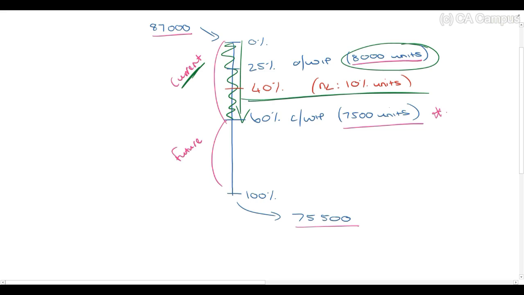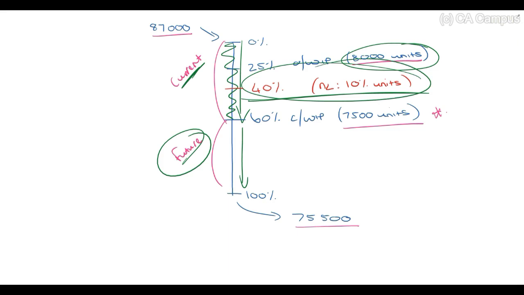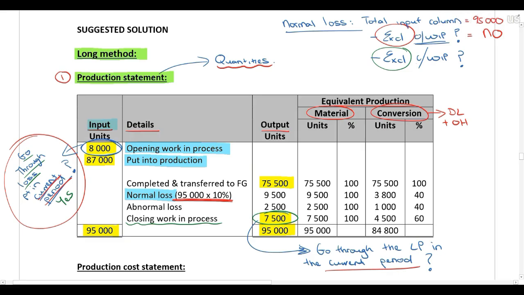So in the future periods, when I complete these units, they're not going to go through the loss point because they have already been through the loss point in the current period. So answer the question. Do these units go through the loss point in the current period? Yes. So do you exclude them from your calculation? No. You only exclude things that shouldn't be included in your normal loss. If these units went through the loss point in this period, they must be taken into account when I calculate the normal loss. Logically.